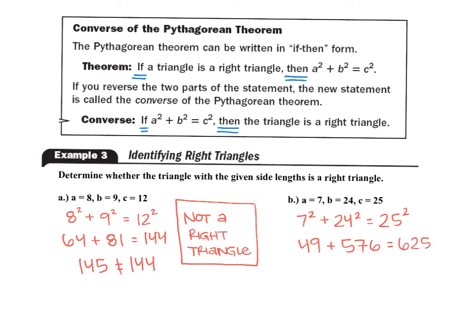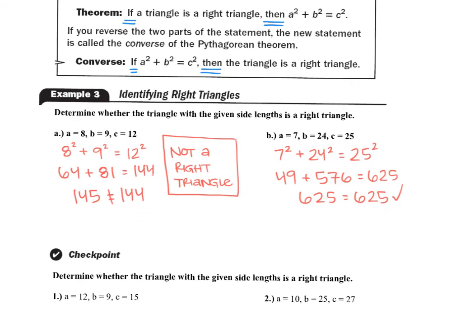Then I'm doing 576 plus 49. And I do get 625. So I've got a true statement here, which is awesome. So my conclusion is that this one is yes, a right triangle.